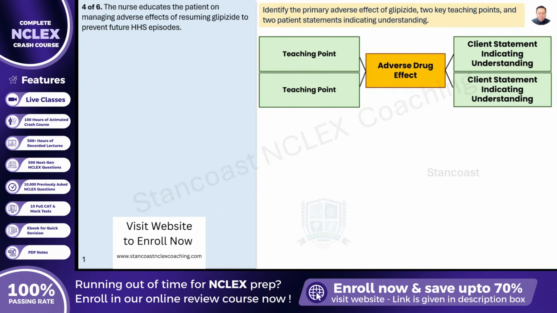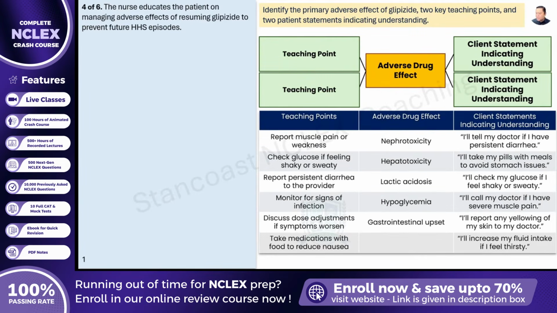All right, so we have the following choices for the adverse drug effect. One is nephrotoxicity, hepatotoxicity, lactic acidosis, hypoglycemia, gastrointestinal upset. Now, what do you think would be the most appropriate adverse drug effect for the glipizide?